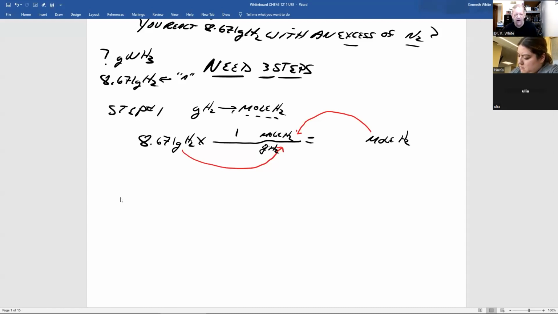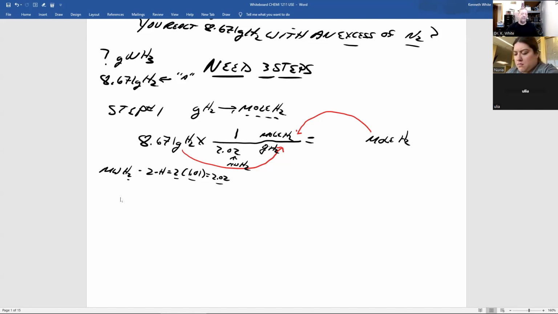For every 1 mole of hydrogen gas, we need the molecular weight of hydrogen, which is 2 hydrogen atoms, and each one is 1.01, which means it's 2.02. This is an exact number, 3 significant figures.